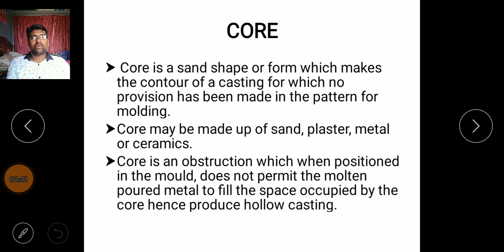At the time of pouring, the molten metal cannot reach the hollow portion due to the provision of the core. After the completion of the solidification process, we remove the core material by breaking the core. At that area, we will get the hollow portion.